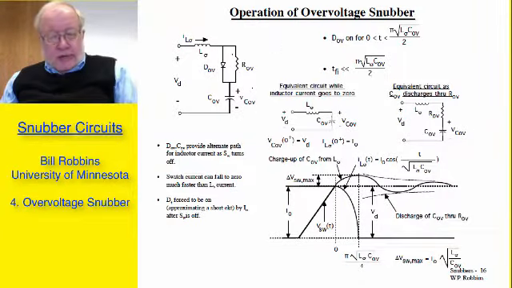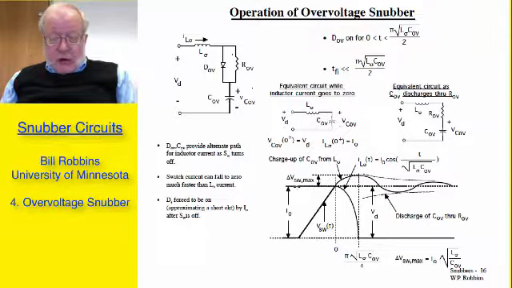The operation of the overvoltage snubber is diagrammed on this slide. At t equal to 0, we assume that the transient turnoff of the switch begins. At that time, the voltage across the switch begins to increase. During that time interval, until the switch voltage reaches V sub D, all of the current from the load is still going through the switch.